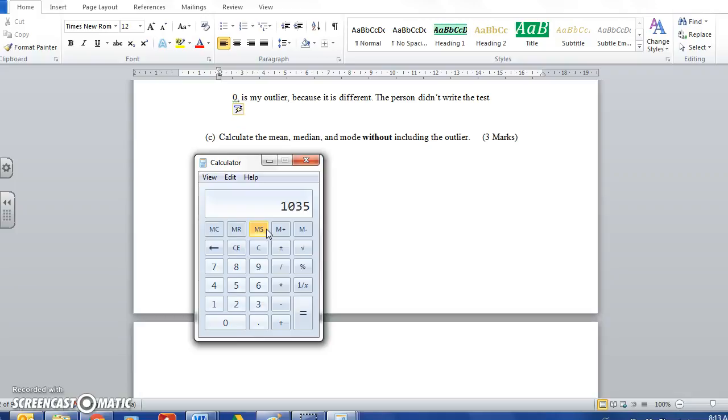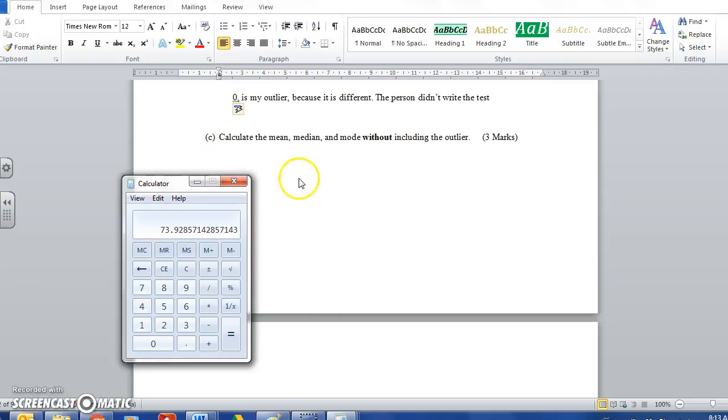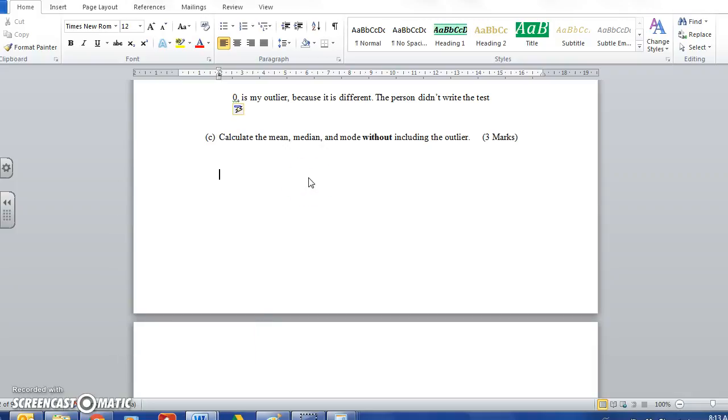But this time, instead of dividing by 15, I'm dividing by 14, because I'm pretending that 0 never existed to me, and I get a decimal. I get 73.9. So I know that my mean is going to be 73.9. That would be your average mark on your test.